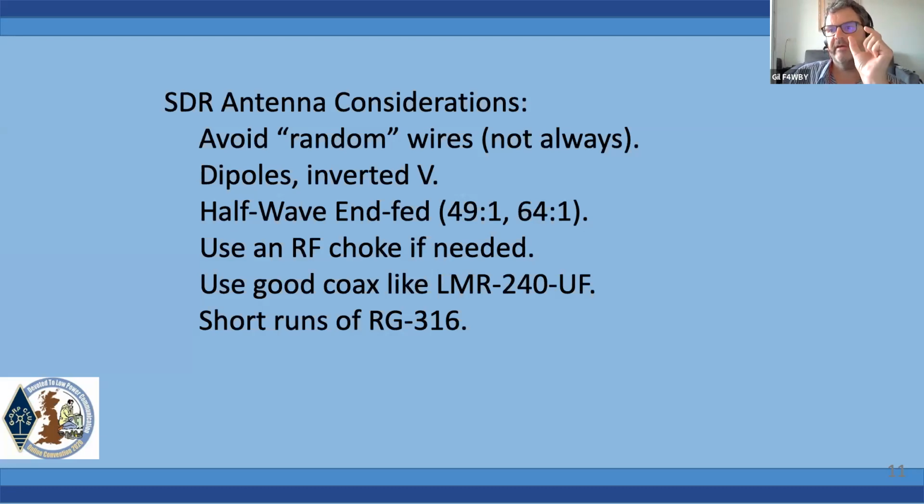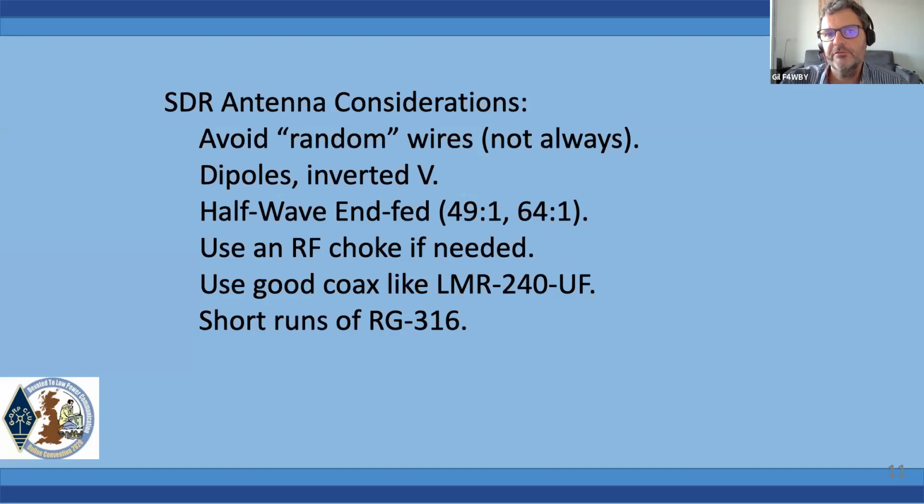That's a really tiny transformer, but it doesn't seem to be affecting performance. Most people actually use a stack of 2 or 3 FT240-43. That's a much bigger toroid. But those antennas are very practical, basically.